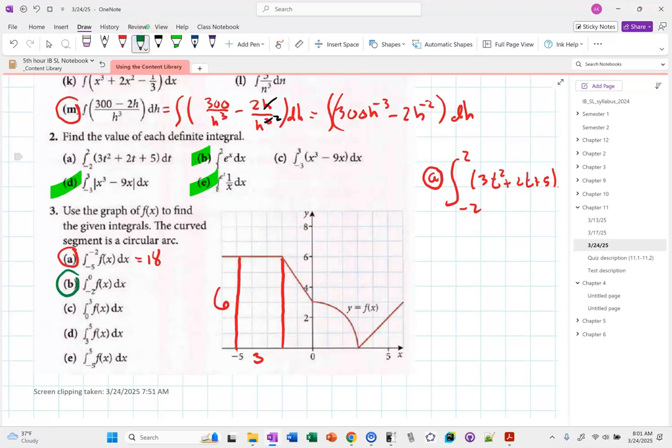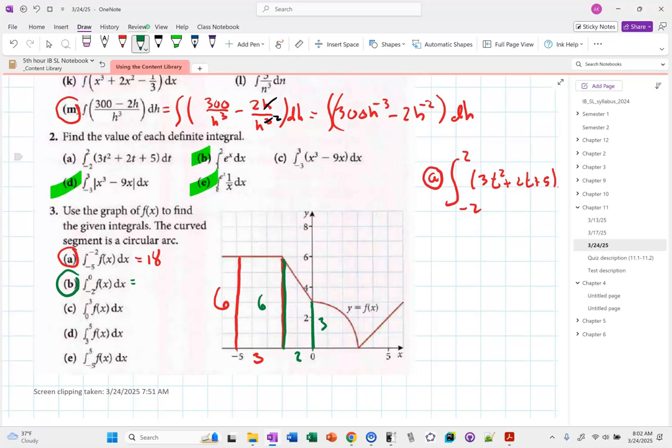The next one is from -2 to 0. So -2 to 0. What shape is that? Trapezoid, or you could break it up into a triangle plus a rectangle. Either is fine. The area formula for a trapezoid is 1/2 base 1 plus base 2 times the height. So 6, 3, and 2.